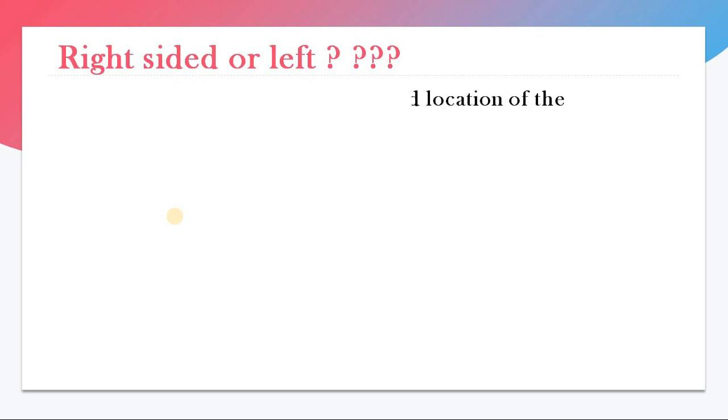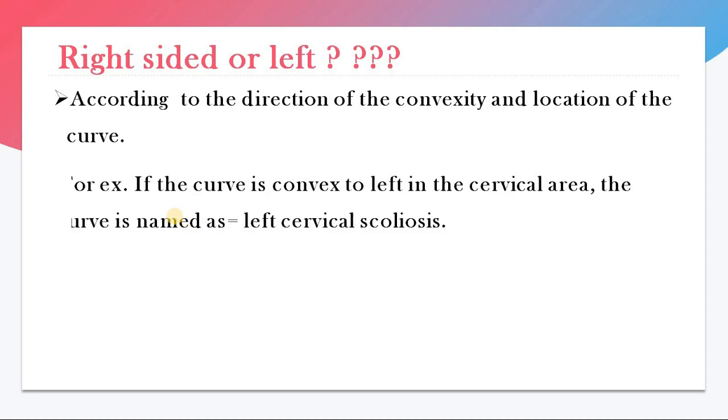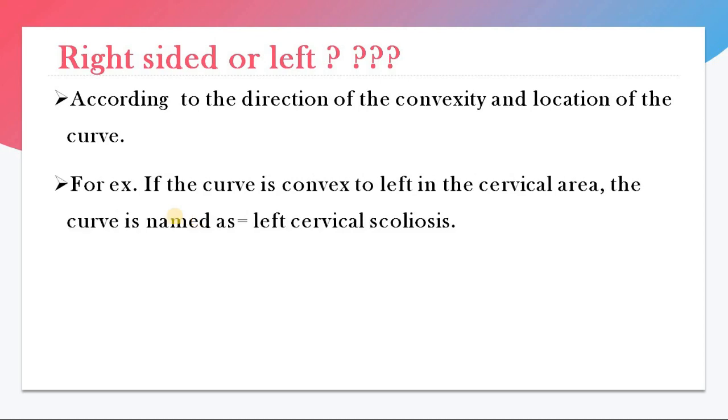We name it according to the direction of the convexity and the location of the curve. For example, if the curve is convex to the left in the cervical area, the curve is named left cervical scoliosis.